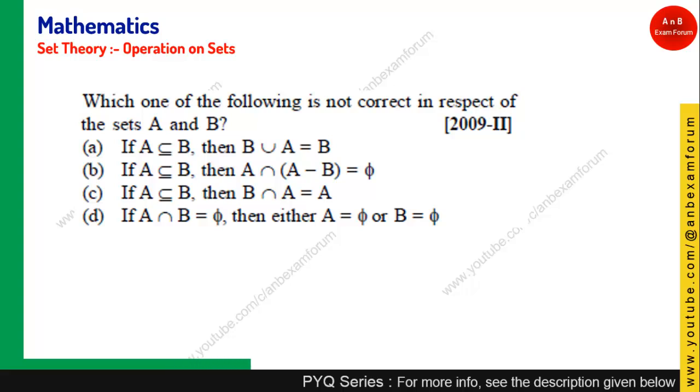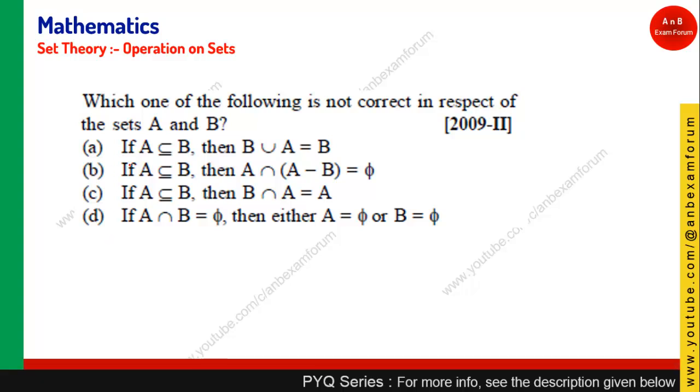Which of the following sets is not correct with respect to sets A and B? As I told you, whenever you have such a question where you need to check every option, always begin with the last option, D. So A intersection B is empty set.